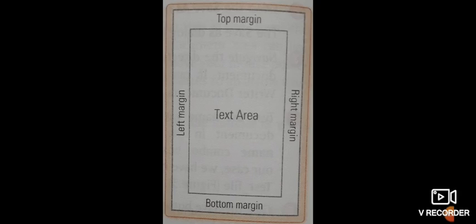This feature of automatically fitting the text is known as word wrap. However, despite the word wrap facility, you need to press the enter key in the following cases: when you want to end a line before reaching the right margin, or to create a blank line, or to end a paragraph.